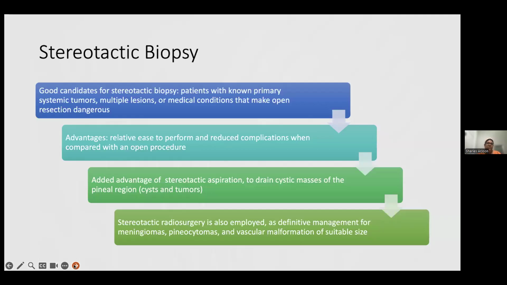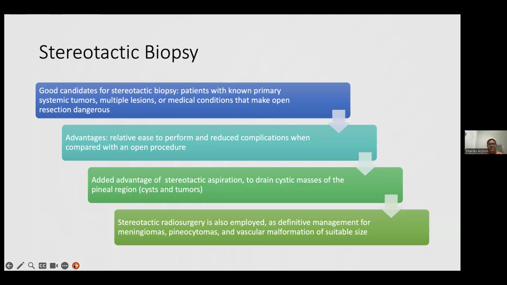So starting off with stereotactic biopsies. Good candidates for stereotactic biopsies would include patients with known primary systemic tumors, multiple lesions, or medical conditions that can make open resection dangerous.